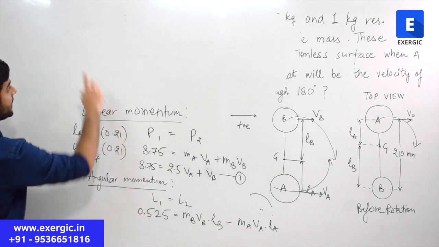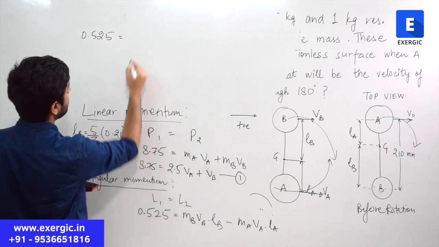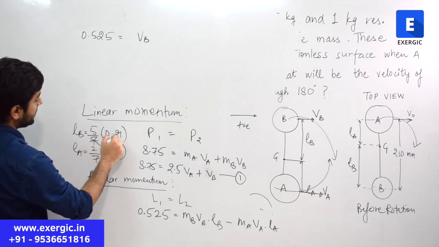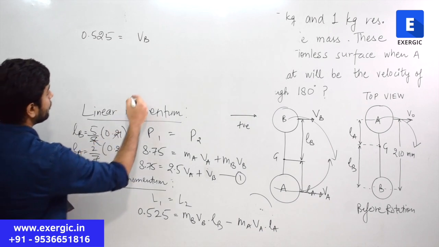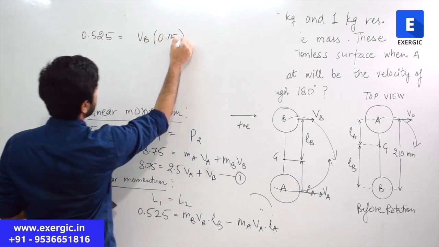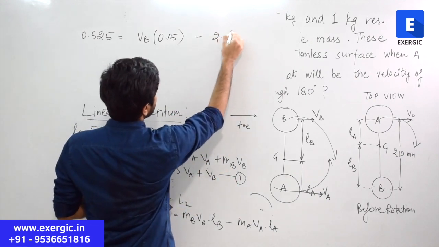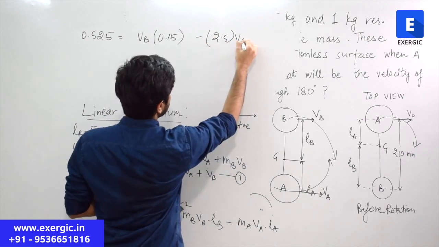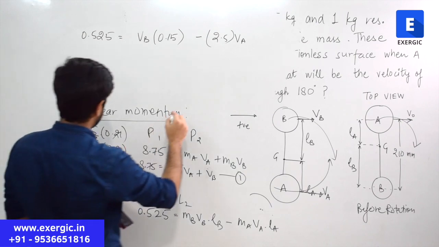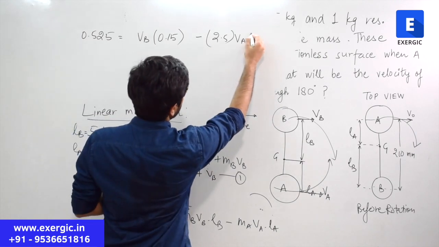So this expression, let me write here, 0.525 is equal to MB, which is 1, VB unknown, LB you can calculate from here, it will be 0.15. You can do the calculation, a very simple one. Minus MA is 2.5, VA is here, and LA from here it will come out to be, I think, 0.06 and 1.5. All right.